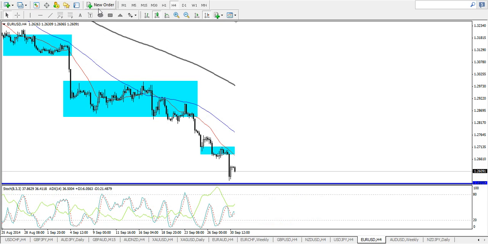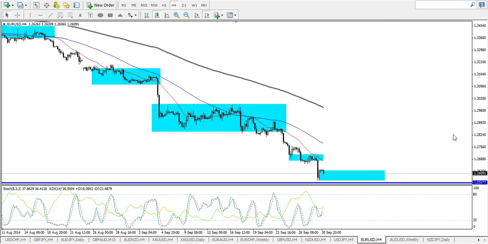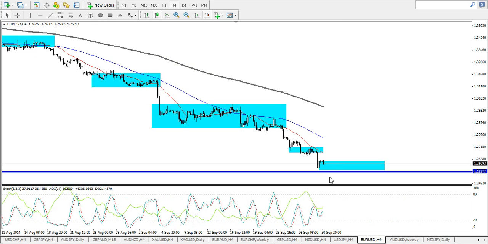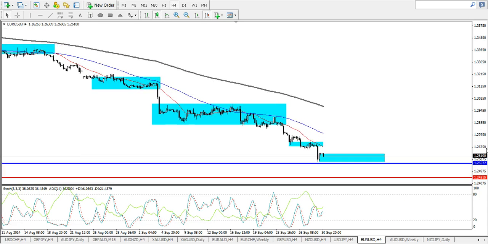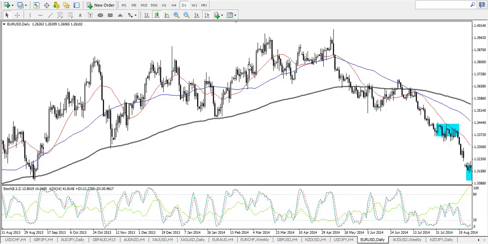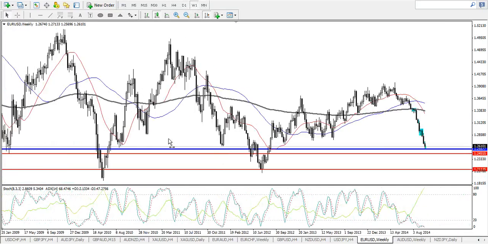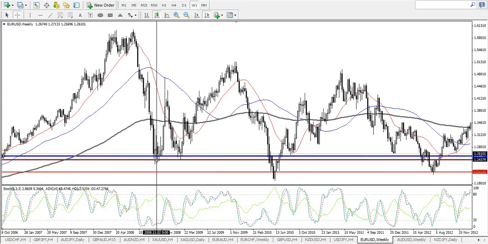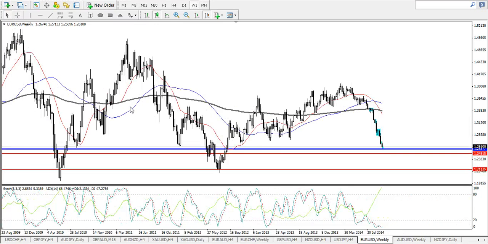So right now you're seeing another session of consolidation. Probably after a while it might fall even further, at least to the next support level at 1.2451. That is the previous low back in November 2008.